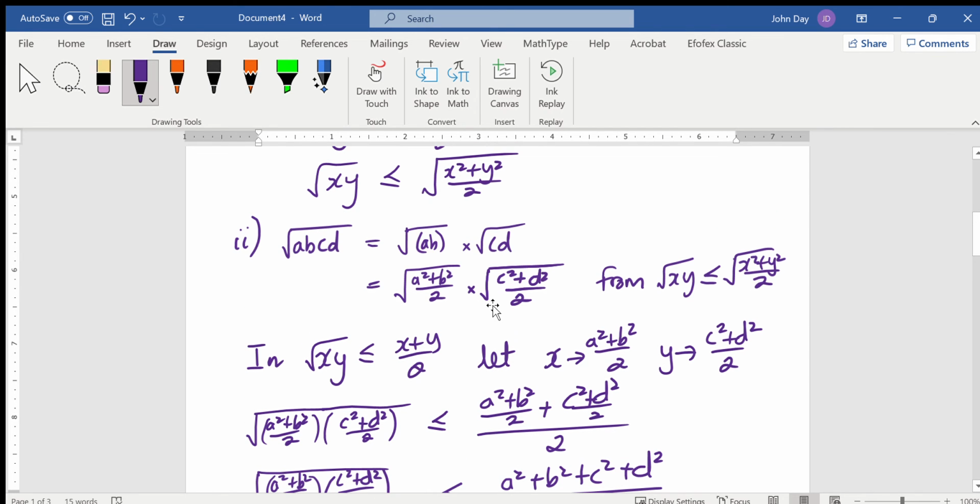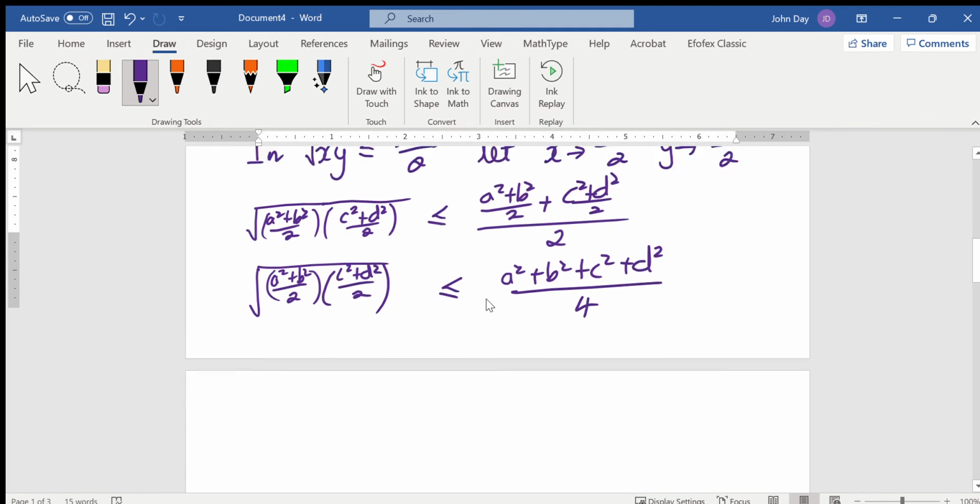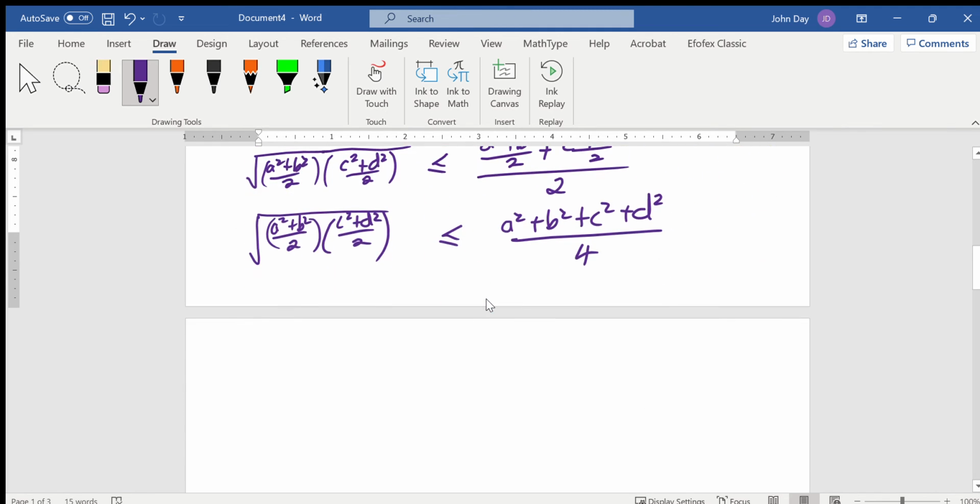I've got to be careful there in my notation. I hope someone watching this probably picked that up. Square root of ABCD is smaller than root a squared plus b squared on 2 times c squared plus d squared on 2. It's even smaller.